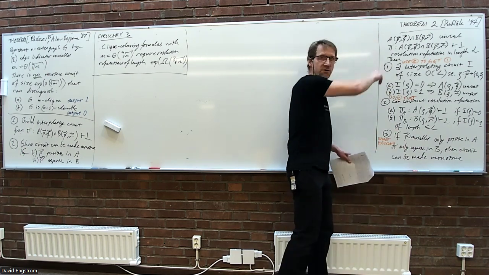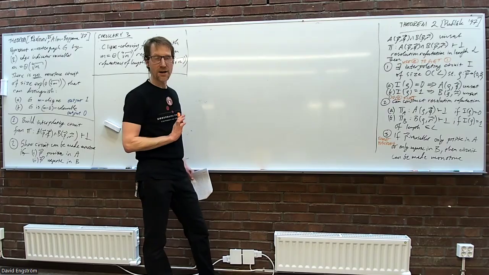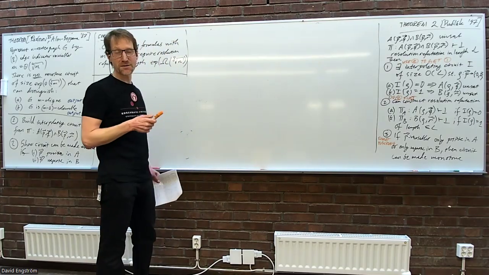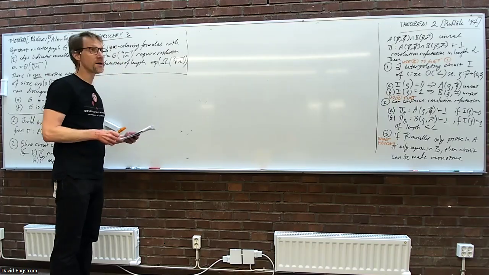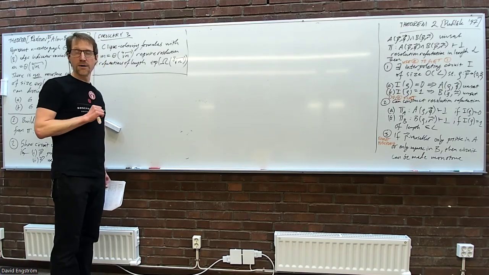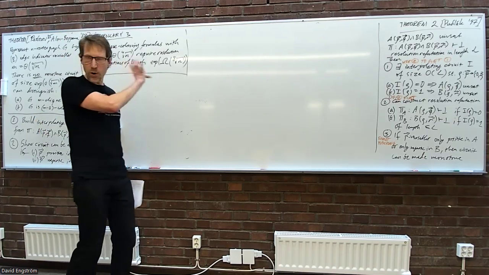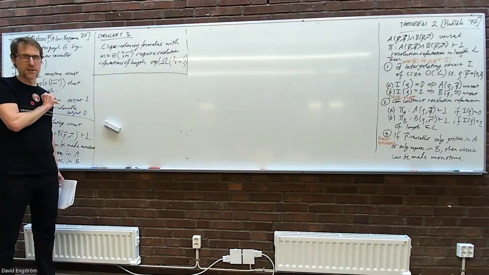But morally, 1 and 2 is the hard stuff, and 3 is a somewhat mysterious hack, which is obviously crucial because without monotonicity we wouldn't go anywhere. But this is the plan. And maybe this is a good place to have a break. Any questions so far, or is the plan clear?